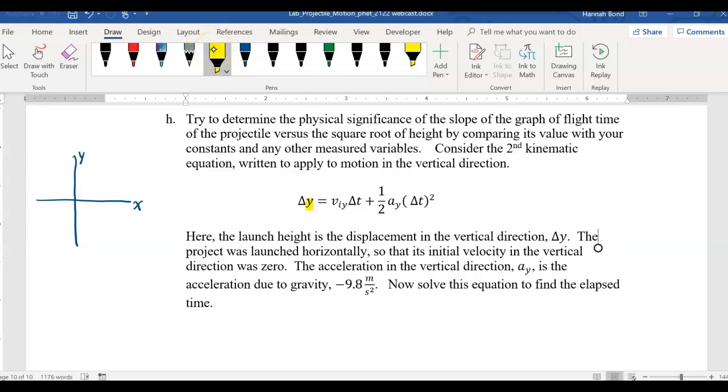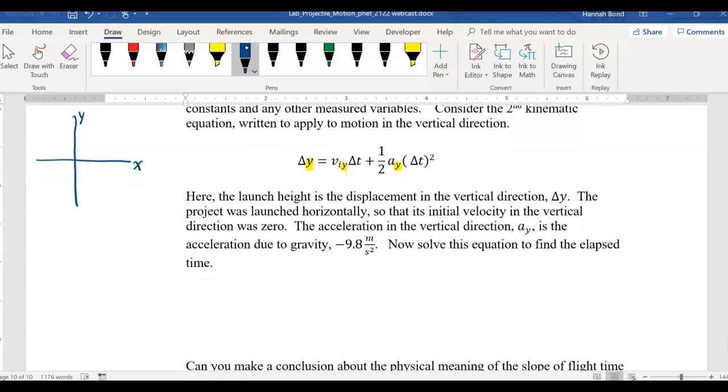So displacement is written in terms of a change in the y-coordinate. And when we talk about the initial velocity and the acceleration, we have little subscripts to say that they pertain to the vertical direction. So it's the velocity in the vertical direction, the acceleration in the vertical direction.